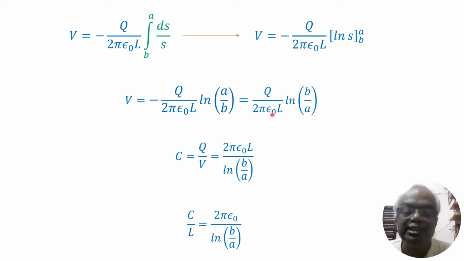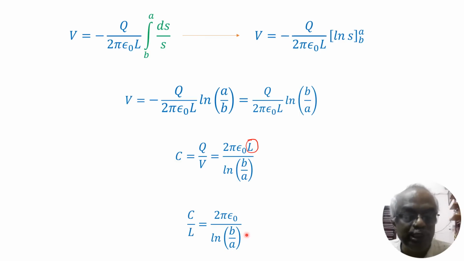Then this becomes 2 pi epsilon naught L over natural logarithm of b by a. To find the capacitance per unit length, divide by L. So C by L is equal to 2 pi epsilon naught divided by natural logarithm of b by a. This is the value for the capacitance per unit length.